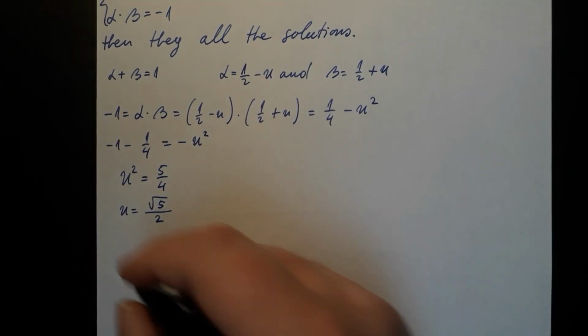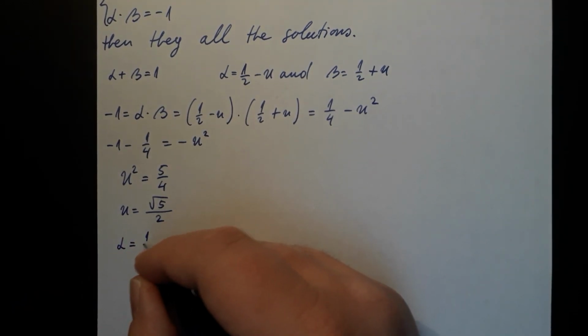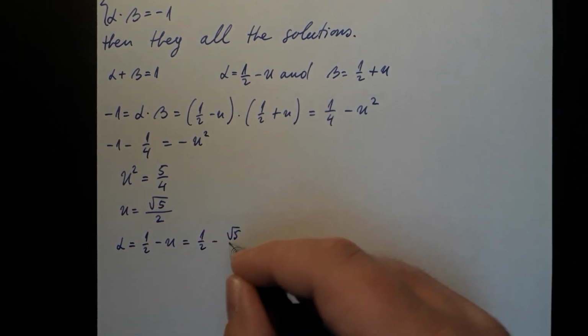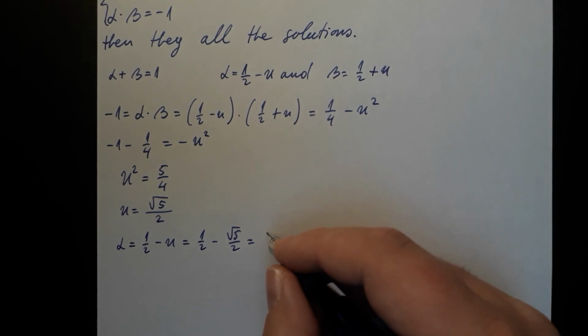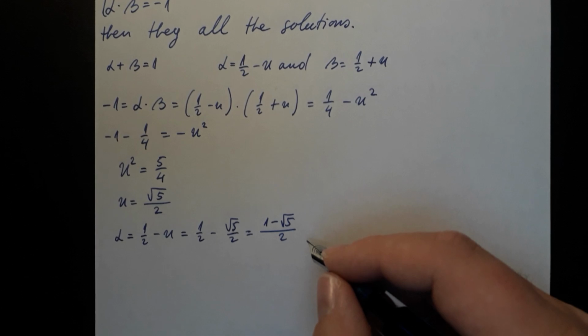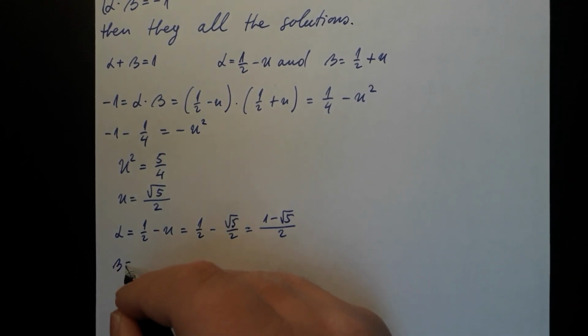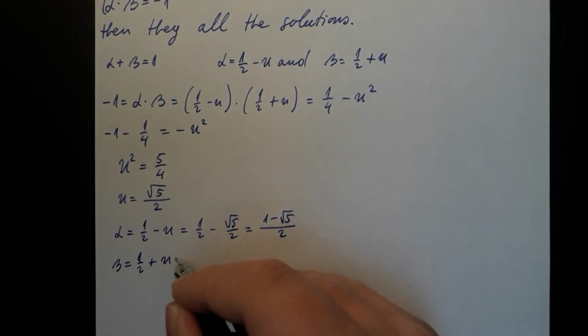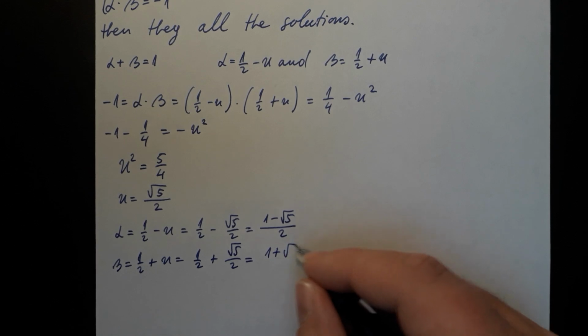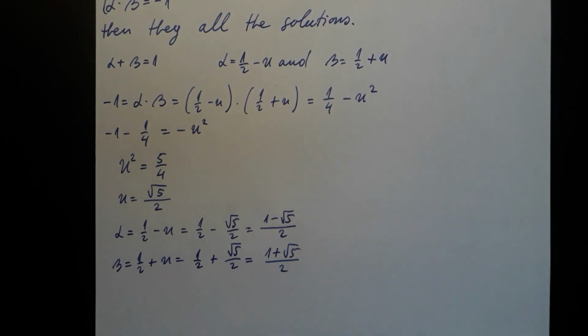And then alpha is equal to 1/2 minus u, which is 1/2 minus the square root of 5 over 2, which is (1 minus the square root of 5) divided by 2. Beta is equal to 1/2 plus u, and that is 1/2 plus the square root of 5 over 2, and that is (1 plus the square root of 5) divided by 2.